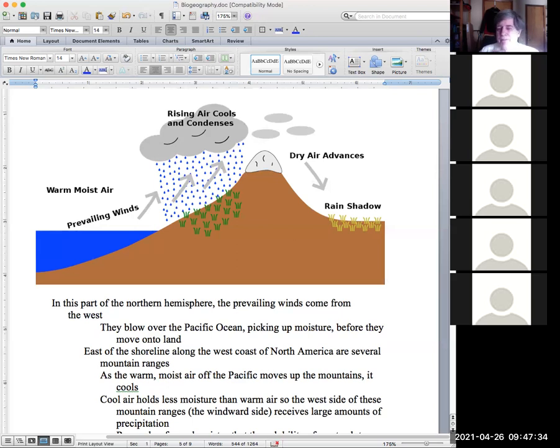The other thing to keep in mind is that because of human interventions, like I mentioned, diverting the Colorado River, there have been dramatic shifts in some of the ecosystems and biomes in the world. We'll talk about some of these more, but look at the Colorado River, which starts up in Colorado.